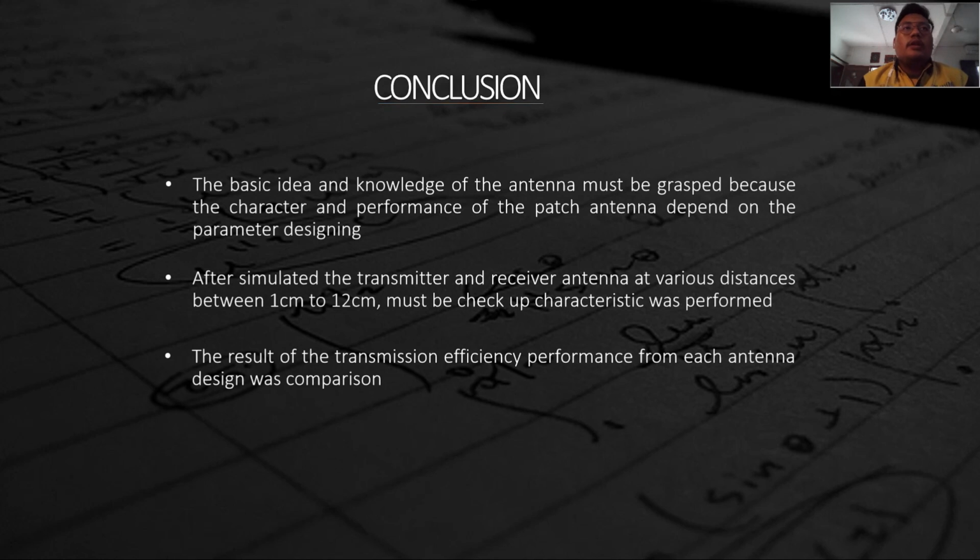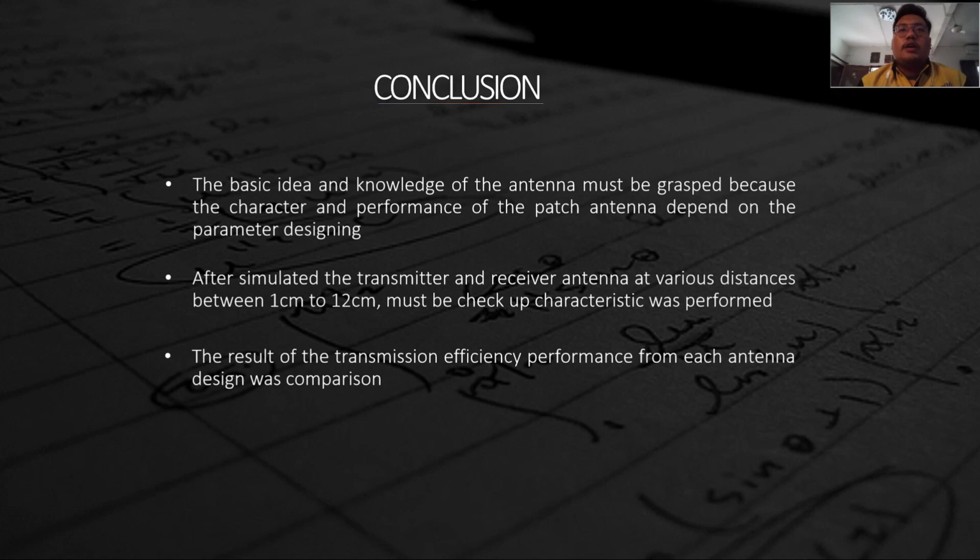In conclusion, the basic idea and knowledge of the antenna must be grasped, because the characteristics and performance of the patch antenna depend on the design parameters. After we simulate the transmitter and receiver antenna at distances between 1 centimeter and 20 centimeter, we must check that the characteristics of the antenna perform well: is the return loss performed, is the VSWR performed, and so on.